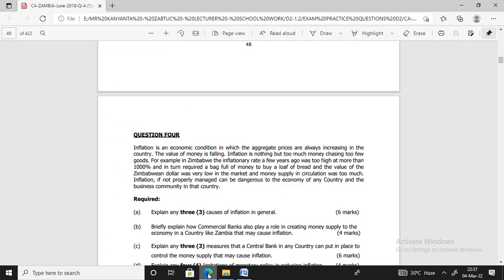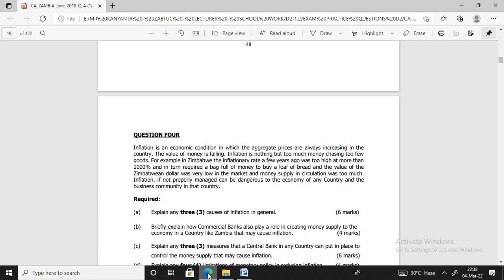It says, briefly explain how commercial banks also play a role in creating money supply to the economy in a country like Zambia that may cause inflation. Inflation caused by money supply, obviously the commercial banks play a critical role in that. Why? Because commercial banks make loans, and these loans create deposits, and the money supply increases equivalent to the amounts of loans.